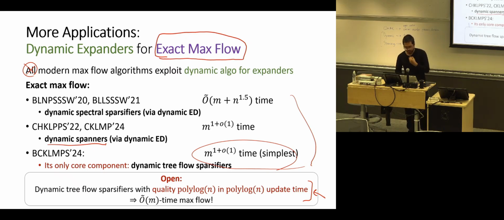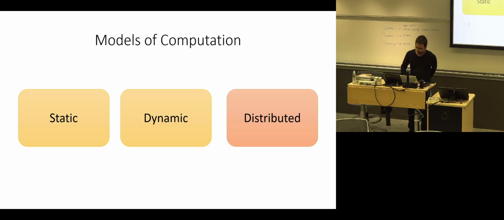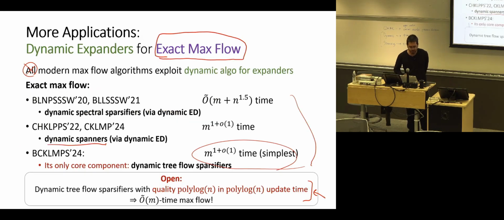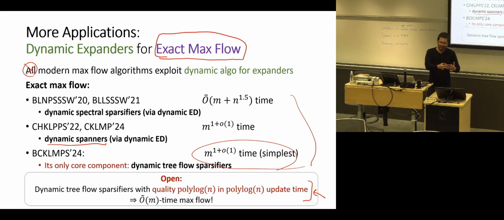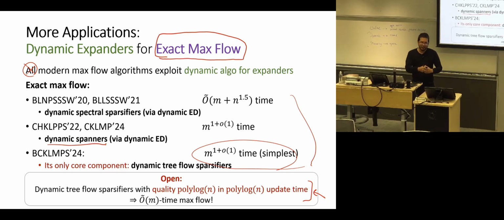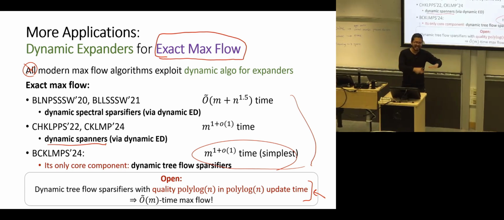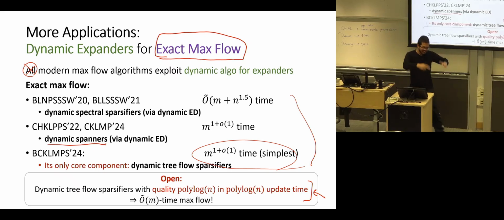Okay, good. So you see that this development of expander stuff is useful in the static setting. And then we find a bunch of useful things in dynamic algorithms. And then the dynamic stuff turns out to be useful again for static problems.